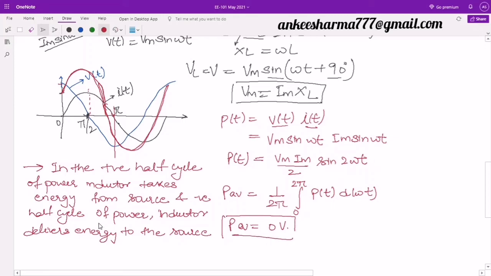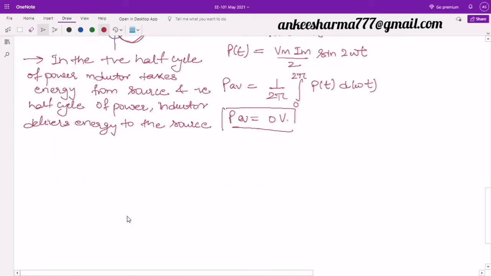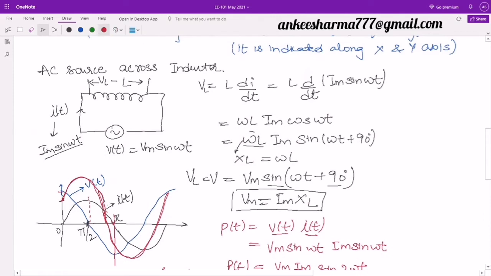Now if I take the case of these vector diagrams, and I take my current in the x-axis, normally we take voltage, but still I will take current over here. The reason is that I am taking I equal to Im sine omega t, means the phase over here is equal to 0, and I have obtained voltage Vm sine omega t plus 90 degree.